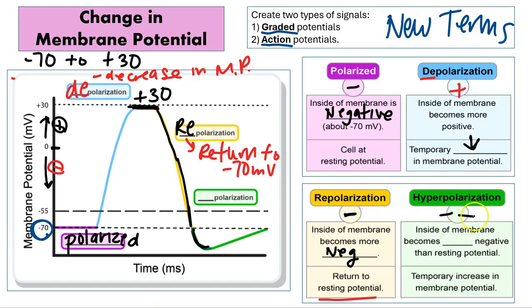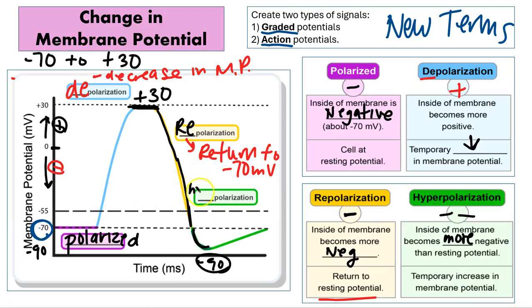We're going to put two little negative signs here, because it's going to become even more negative. Okay? That means you're going to have a temporary increase in membrane potential, because you're going from -70 to maybe like -90, for example. All right, folks? So just keep that in mind as well.